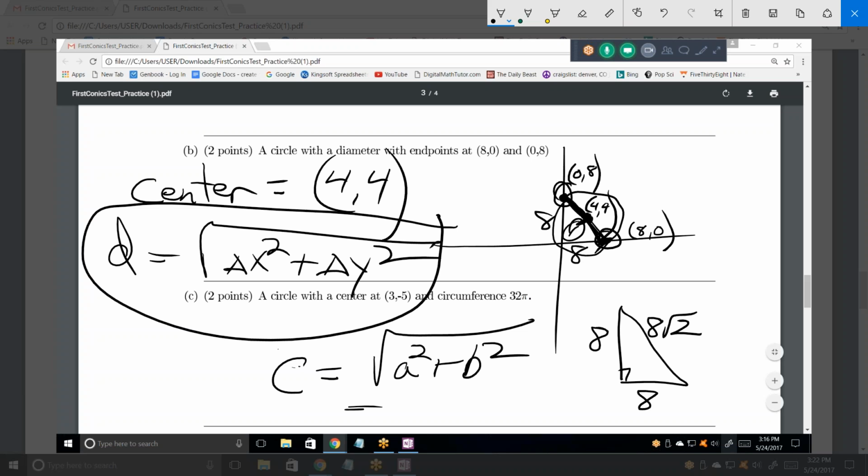So in this case, it's the square root of 8 squared plus 8 squared, square root of 128, which is 8 square root 2. There are various ways you can come up with that answer. But the one thing you're not going to want is to have to take a minute and a half to come up with it.